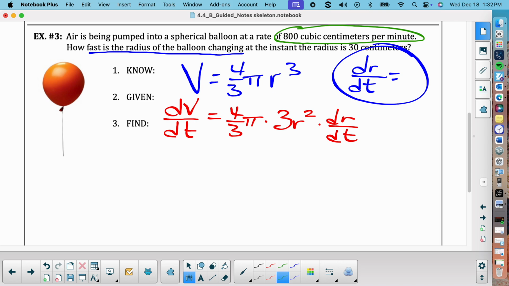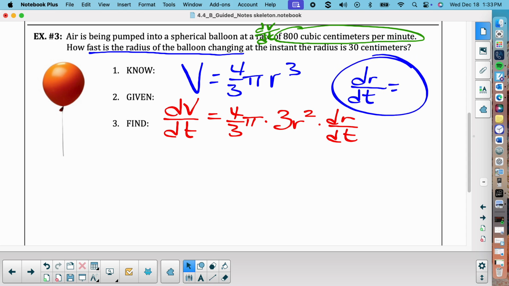So the cubic centimeters you said was correct. But the fact that it says per minute would mean volume per time. So this is dV/dt. And then there's one other number, the 30. Yeah. It says the radius is 30.